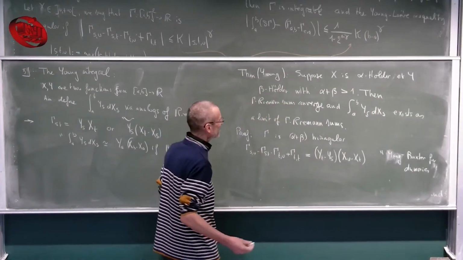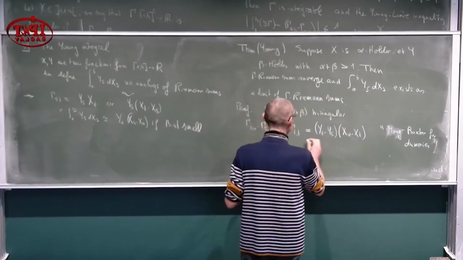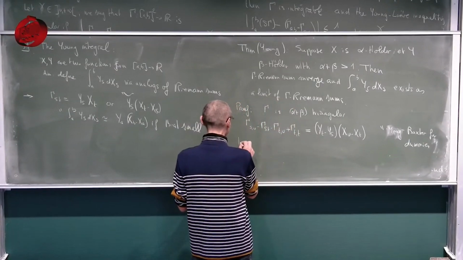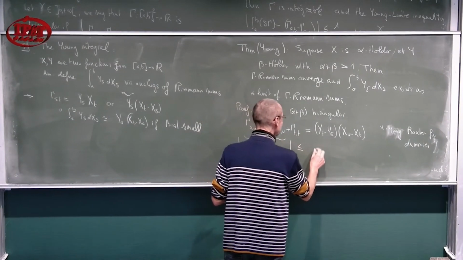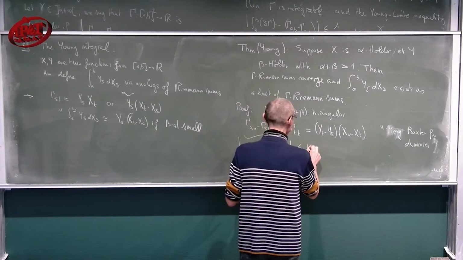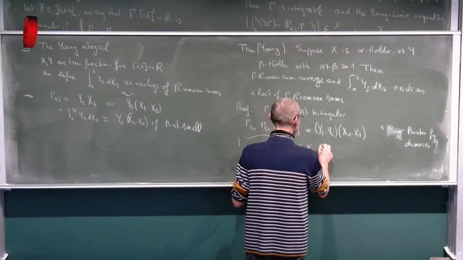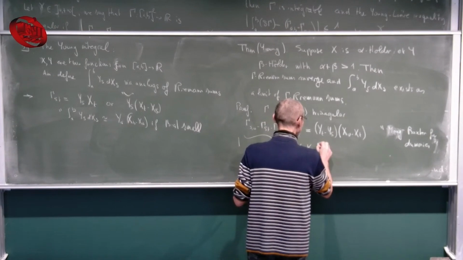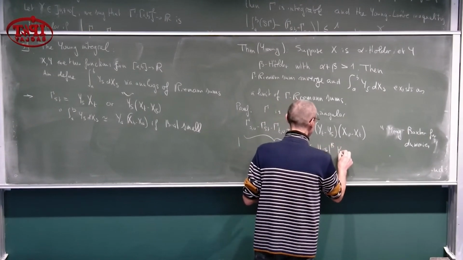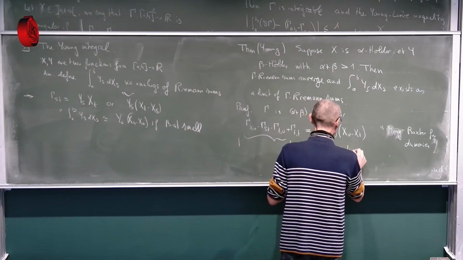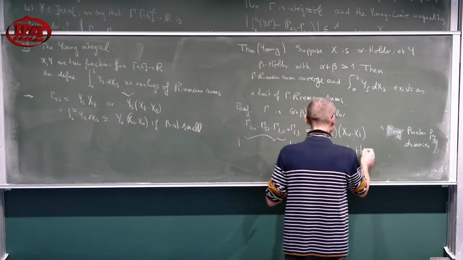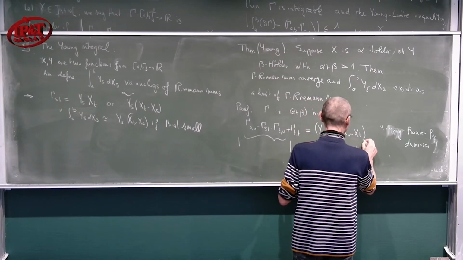This is a simple computation, and then you see that the absolute value of this is less than a certain constant relating to y times (t minus s) to the beta, times a certain constant for x times (u minus t) to the alpha.